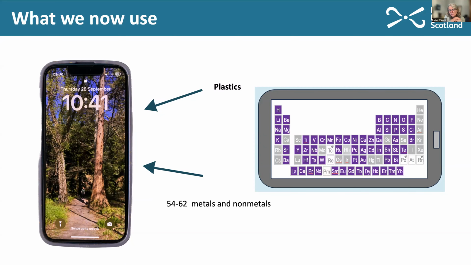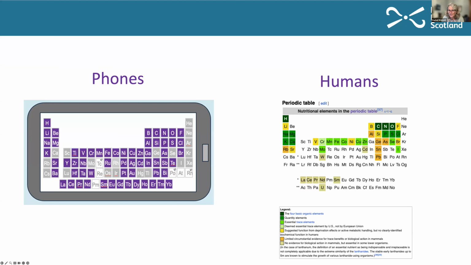So I can find 54. I've read other references to up to 62 different chemical elements. Anyway, a huge amount, particularly when you compare it to what human bodies need, which is a fraction of the amount. It's pretty amazing what a human body on the right does with the elements on the left.